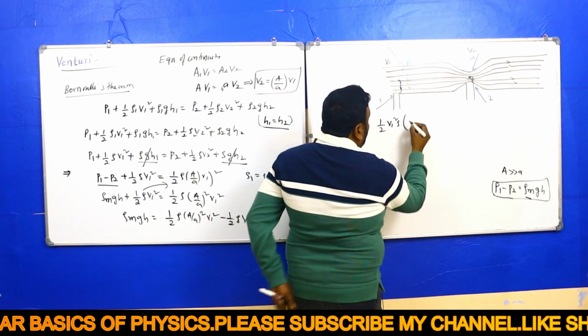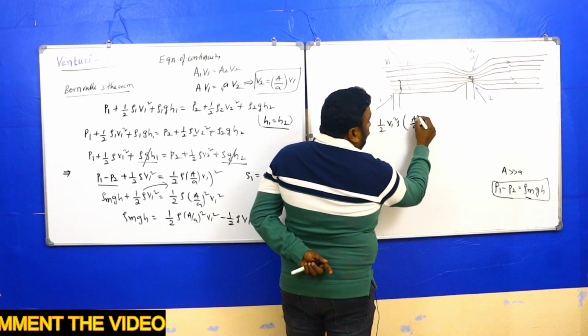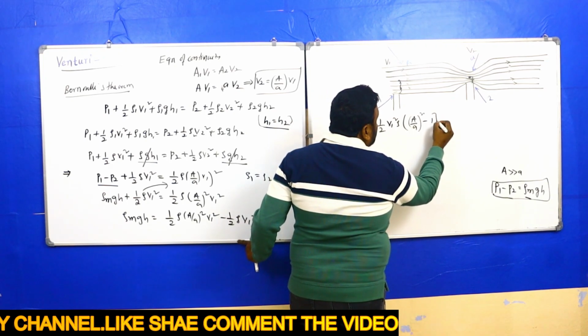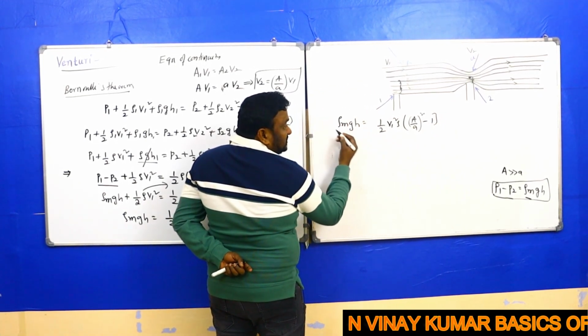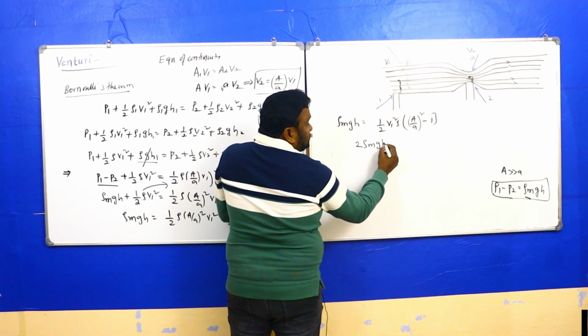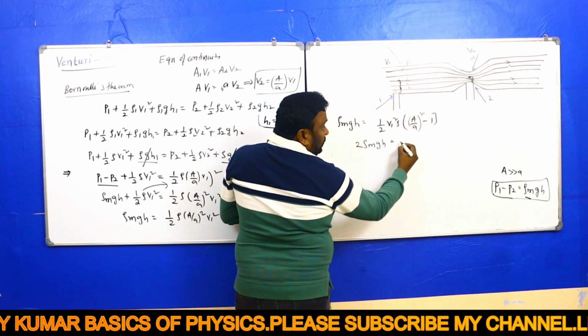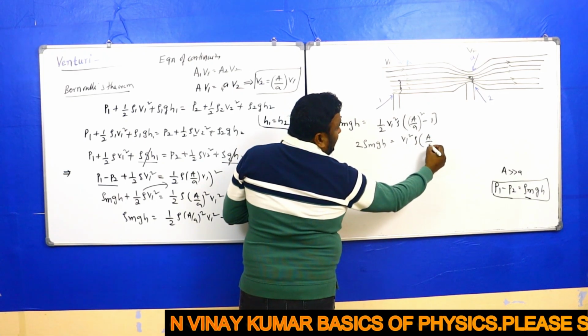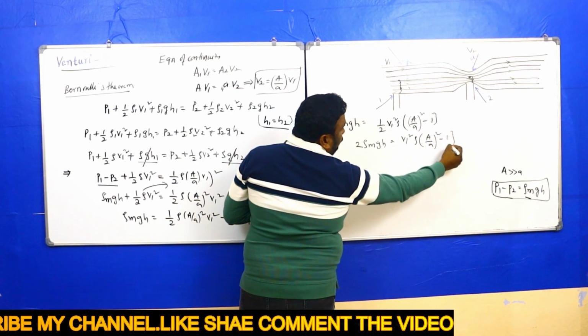Then what do you have? (A/a)² minus 1. From this one you can bring the half to this side. Then what you get? 2 rho m g h is equal to V1² into rho into ((A/a)² minus 1).